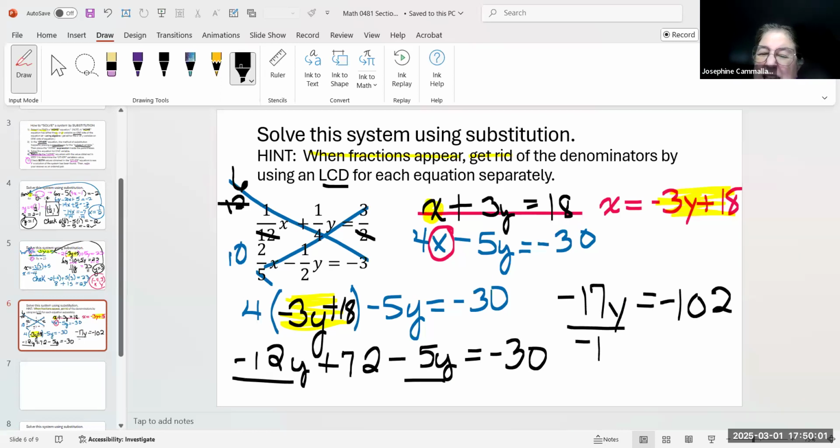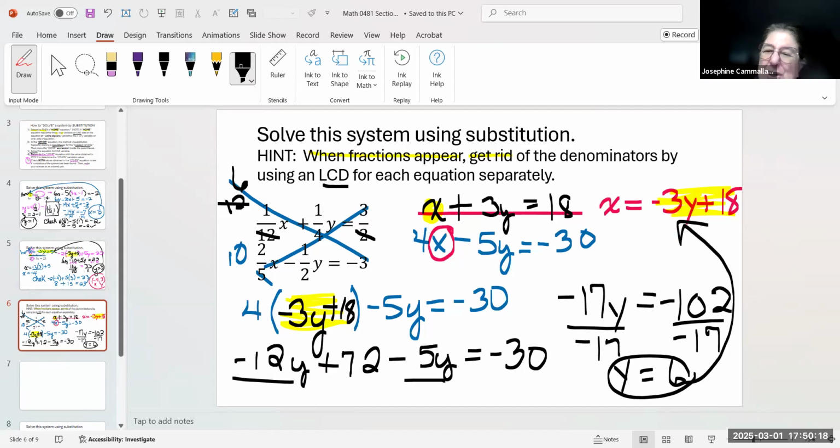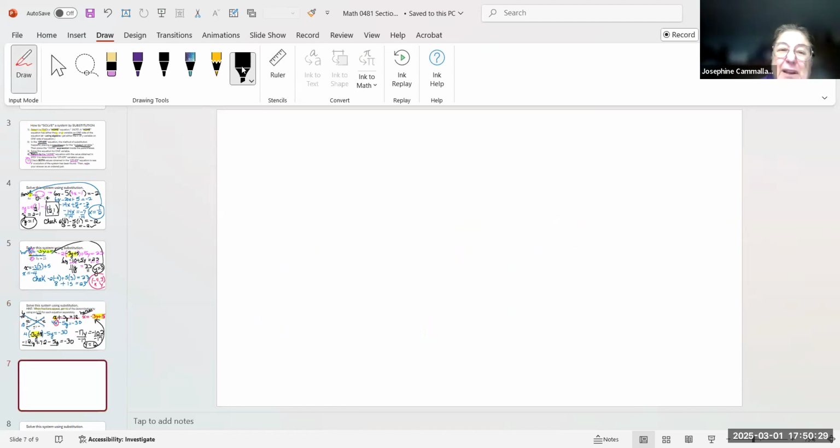Well, if I divide by negative 17, y is going to give me 6. But remember, I'm not finished yet. I've got to come back to my home equation. Let's go to the next slide and finish.